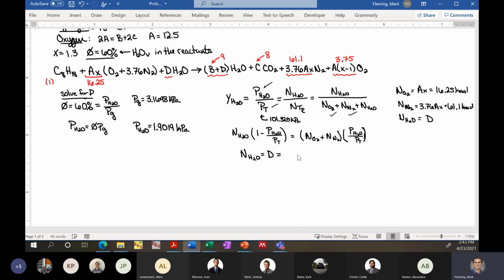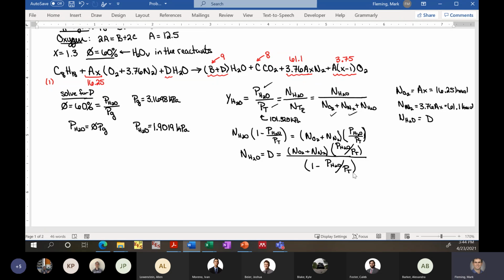This is going to equal the number of moles of oxygen plus the number of moles of nitrogen, times the partial pressure of H2O divided by the total pressure of the combined system coming in, all over 1 minus the partial pressure of H2O divided by the total pressure.